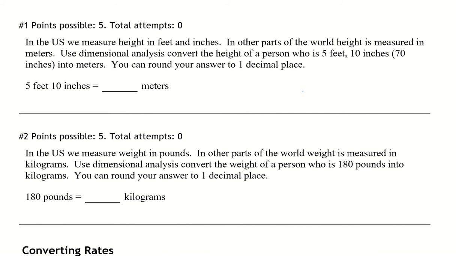Here is number 1. We're converting someone's height to meters. So we want to use the 70 inches that we're given because it's 1 unit. It's more efficient to convert from 1 unit. So I'm going to start with 70 inches, make it a fraction, and then I have to use that unit equivalency table to know how many centimeters are in an inch.